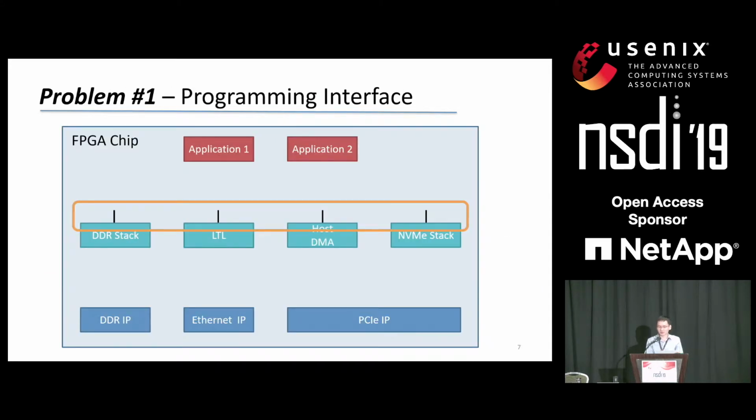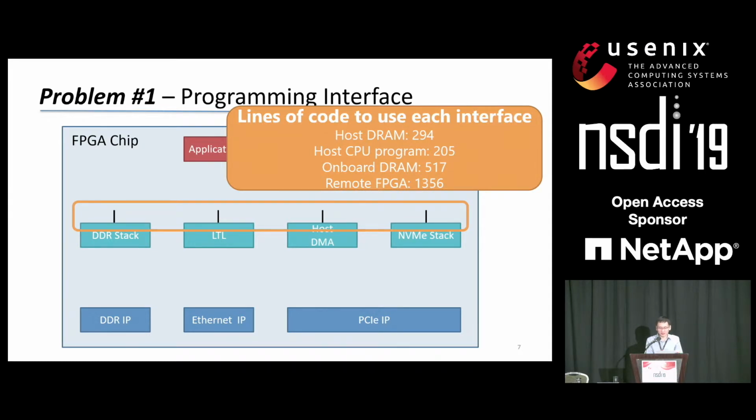The first problem is about the interface. Although stack developers abstract the communication protocols, the interface is still quite different between each stack. These numbers show the lines of code we developed to use each stack's interface. Note that using these wires is not as easy as calling a software API.